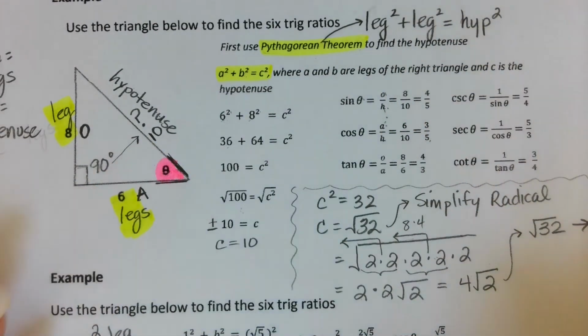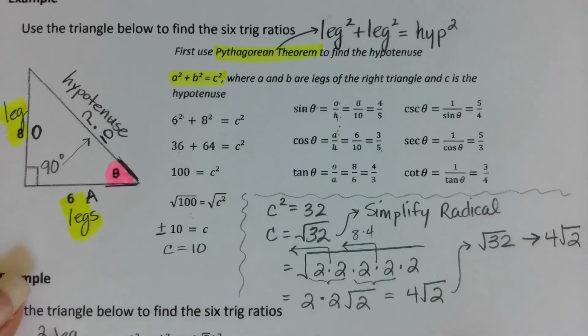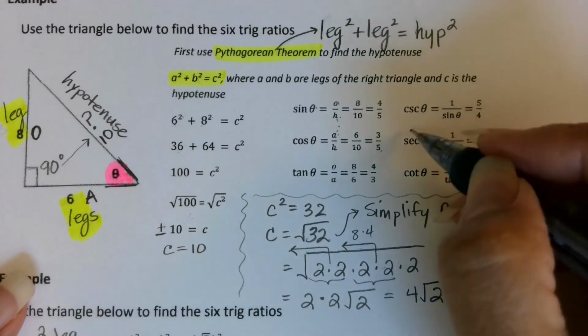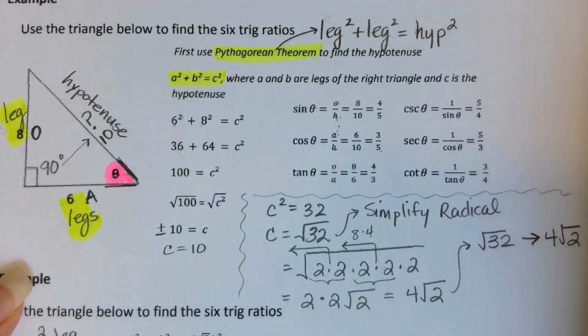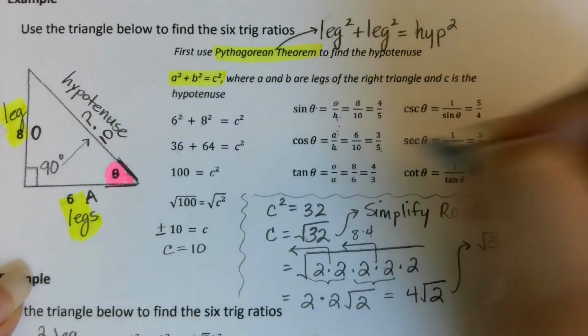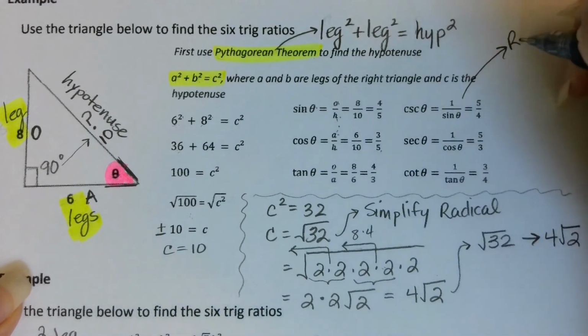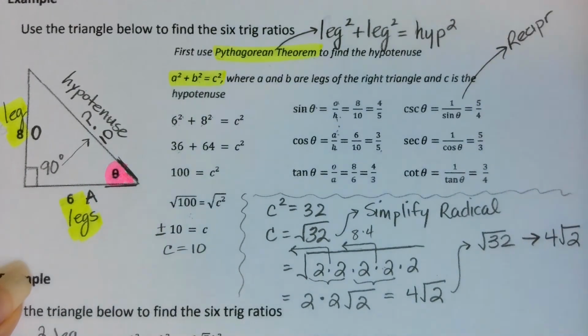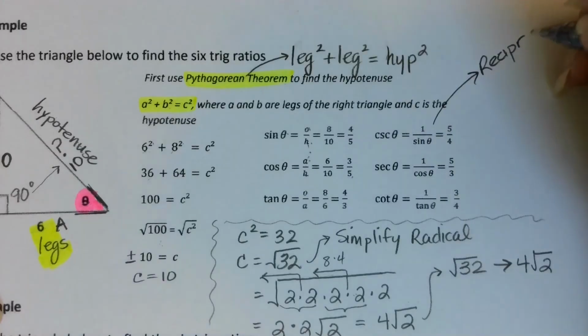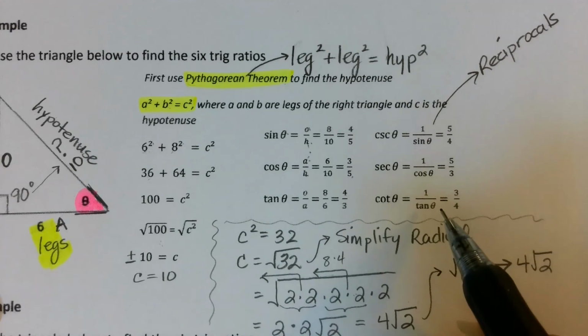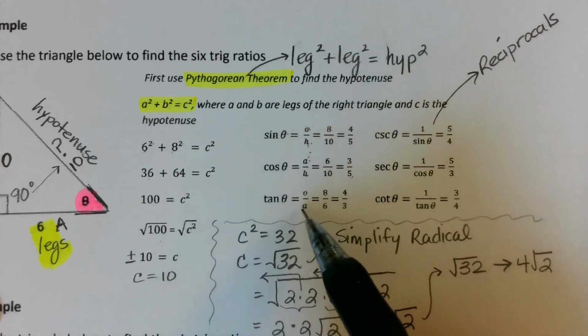Okay? You might be asking yourself, what are these right here? These are always going to be, I'm running out of space. Okay, these are the reciprocals. Can you see what I'm writing? Reciprocals. These are all the reciprocals of the given trig functions, okay?